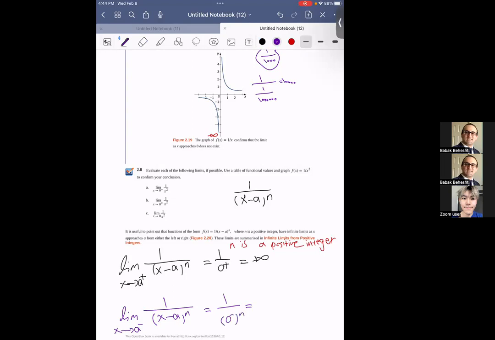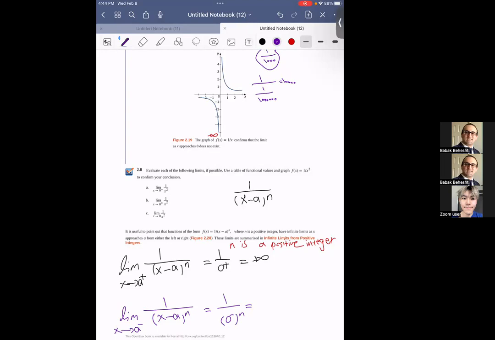Here, there are two cases. It's important whether n is even or odd. Because if you have an even power, like a square or to the power 4, it takes a negative number to a positive number, right? Even power. But an odd power doesn't change the sign.